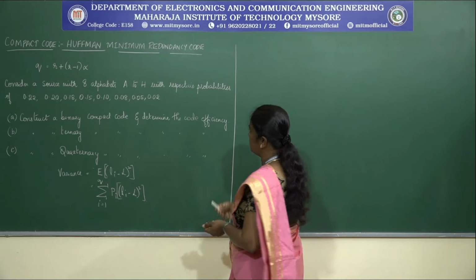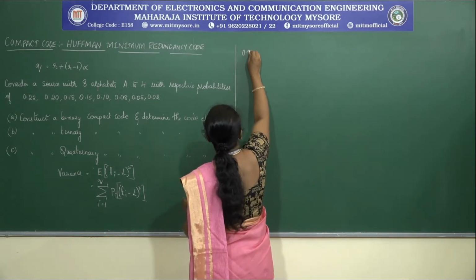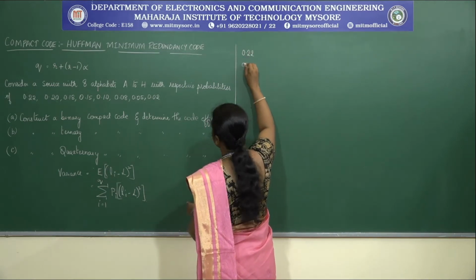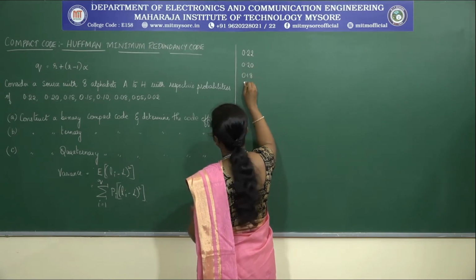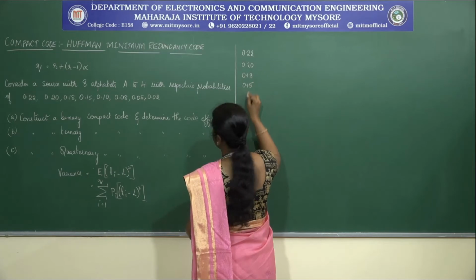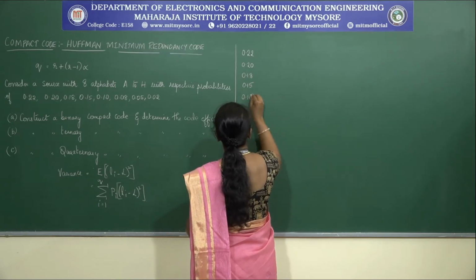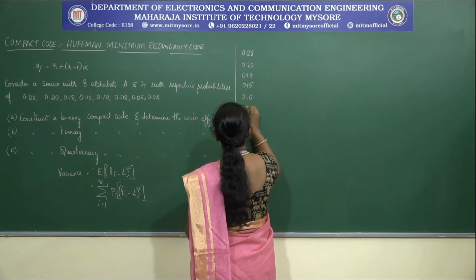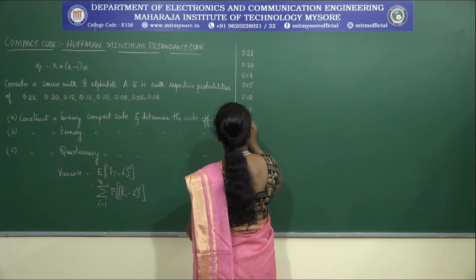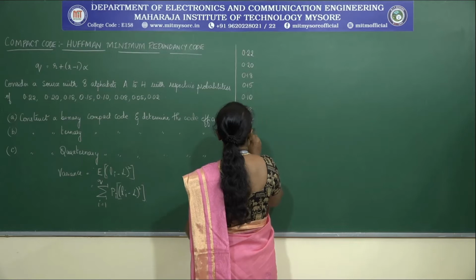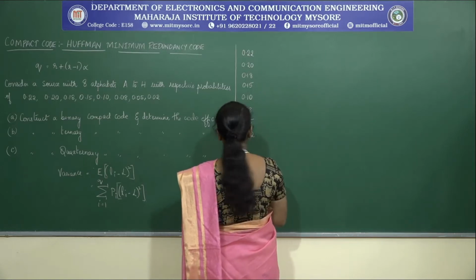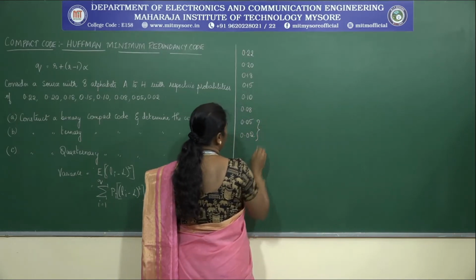Now let us first arrange the probabilities in decreasing order. 0.20, 0.18, 0.15, 0.10, 0.08, 0.05, 0.02. First combine these two.